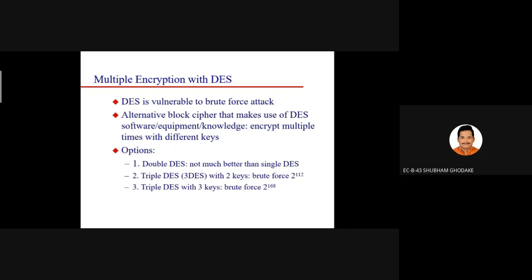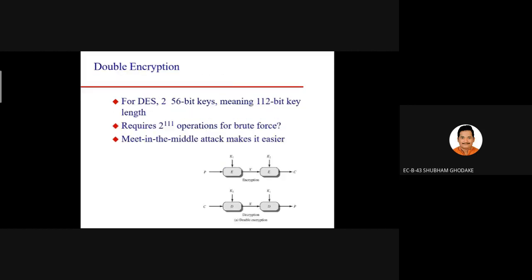Once we use double DES, 64 plus 64, we use a 112-bit key. And in triple DES we use three keys, 64 plus 64 plus 64, which will be a 168-bit key.